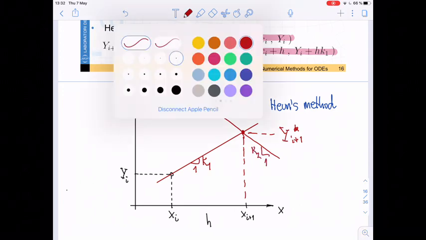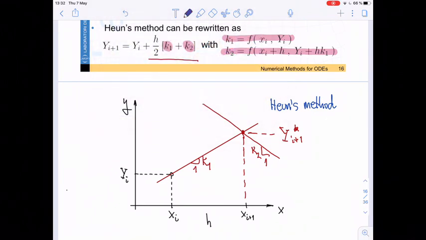And finally, the idea of Heun's method is that we march half the step with k1. So this is k1. And half the step with k2. So this line parallel to this one. Heun's method is second order accurate because we now take into account that the slope changes inside the subinterval. We are not assuming a constant slope in the subinterval as we did with Euler's method.